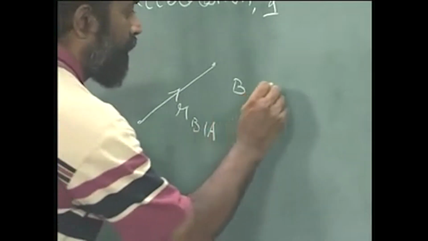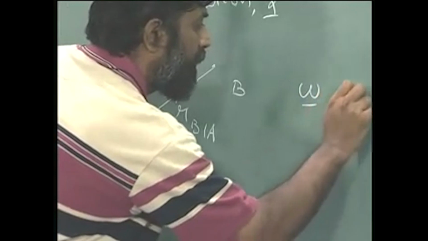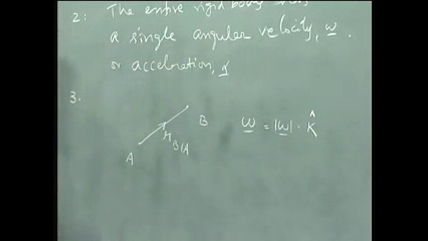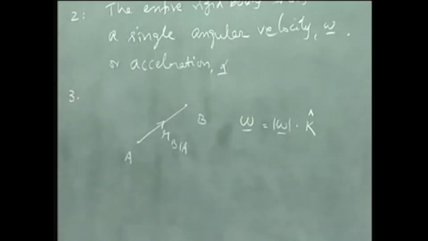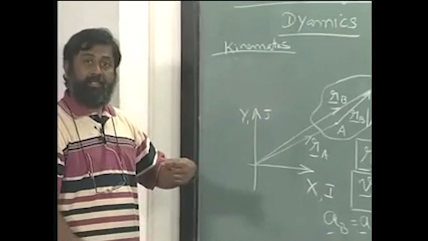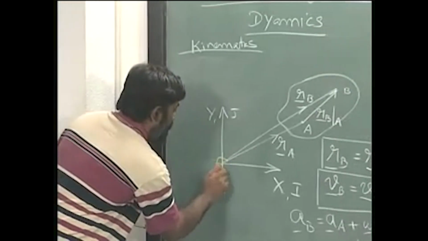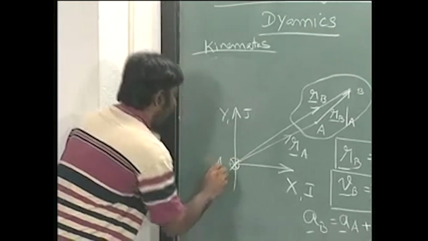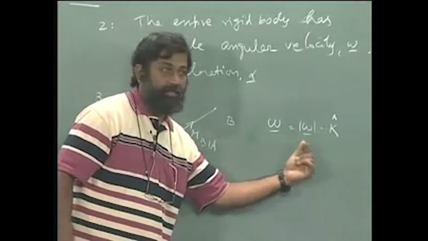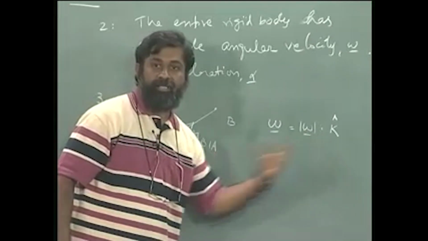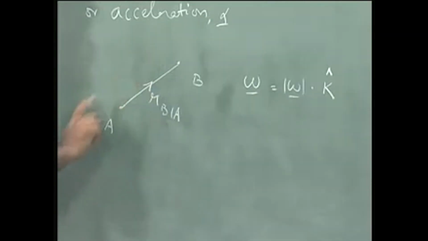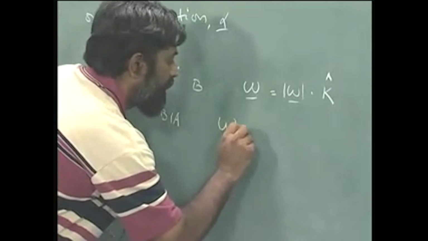So, if I have to write omega, omega is actually omega times the k vector, where k is outward. If this is i, this is j, k is outward, usually represented like this, outward with respect to the board. So, omega is taken as the magnitude of omega times k. Now, this is the direction that we have for RB with respect to A. What will be the direction of omega cross R?